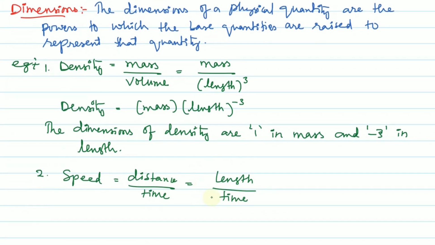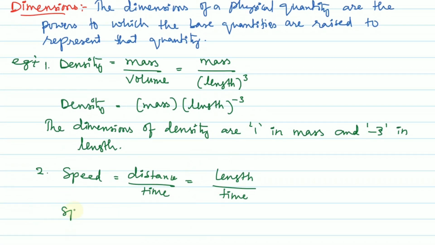So now we can write speed as speed is equal to length into time, which is raised to a negative power of 1.